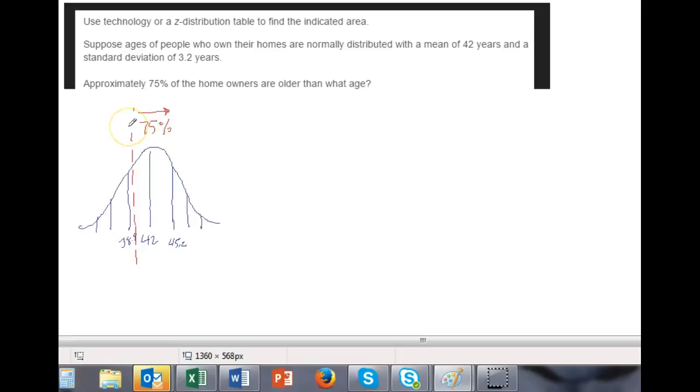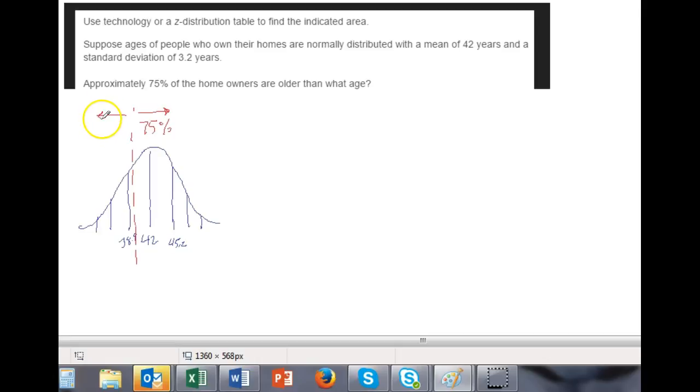Now, if 75% of the homeowners are older than this age, and I don't know what it is, it might be 40, it might be 39, then if 75% of the homeowners studied were older than that number, how many were younger?